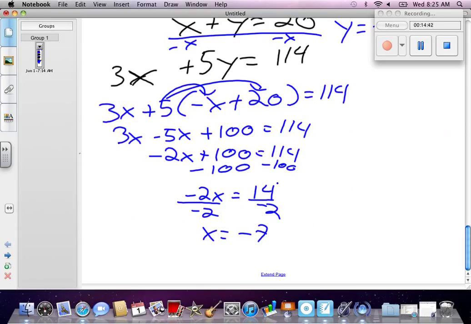Okay, when I did it by the elimination method, I got 3x plus 3y equals 60. And I did it by negative, so these would be negative. I don't know what I did wrong for the substitution method. And then I had 3x plus 5y equals 114.